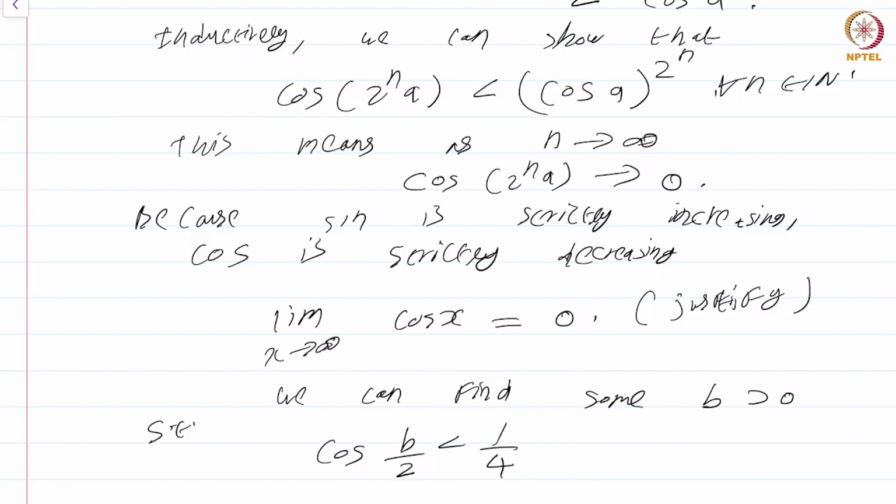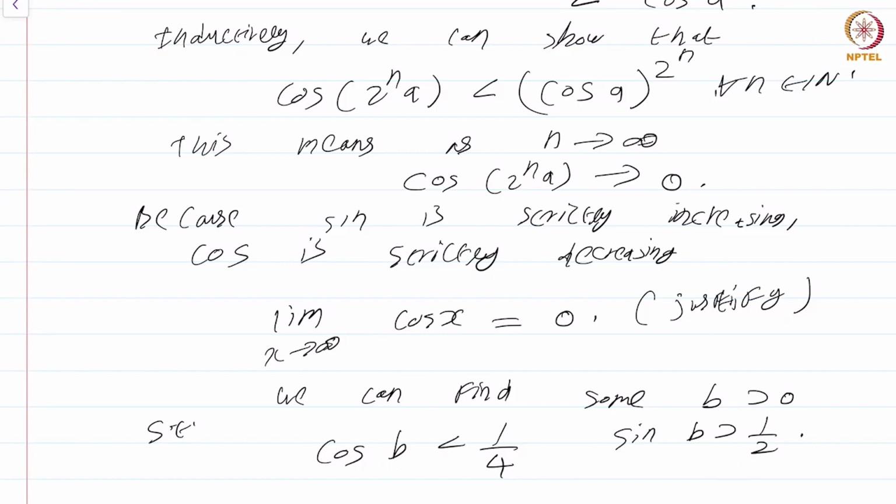Okay, and because cos b is less than 1 by 4, it's clear that sin b definitely has to be greater than half. In fact, you can get a better bound, but that's all I need. Sin b is definitely going to be greater than half.